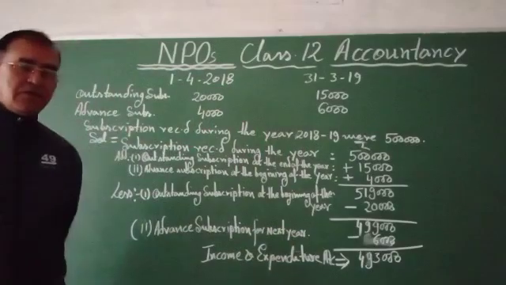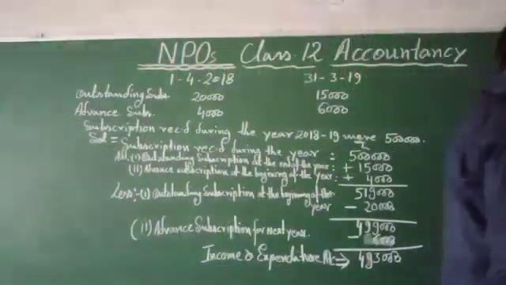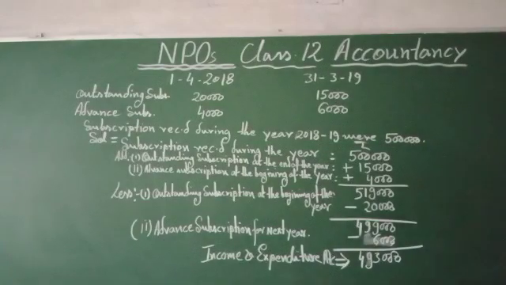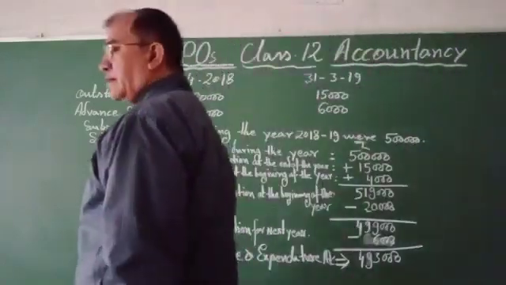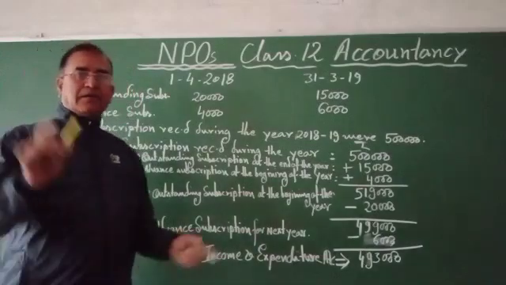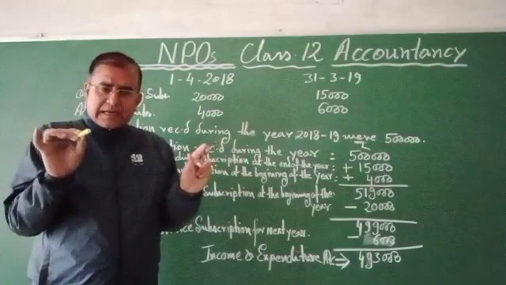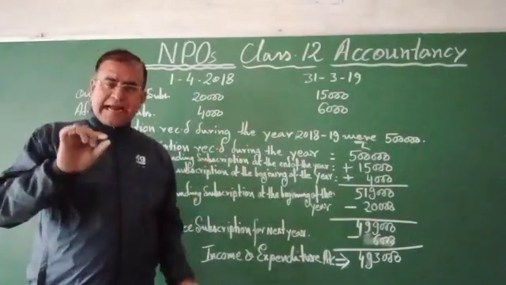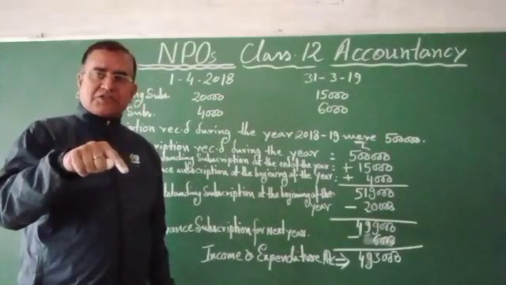Now see, 4,93,000. Now dear children, you can see the information given. Whatever information is in the question, try to study and observe the facts given.